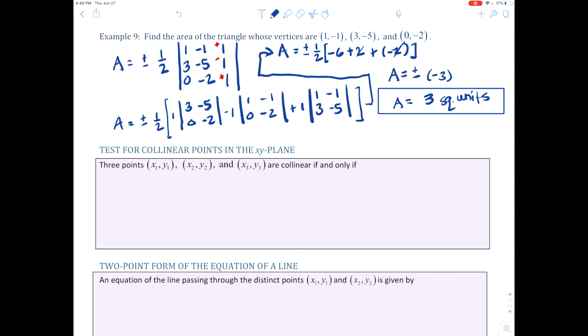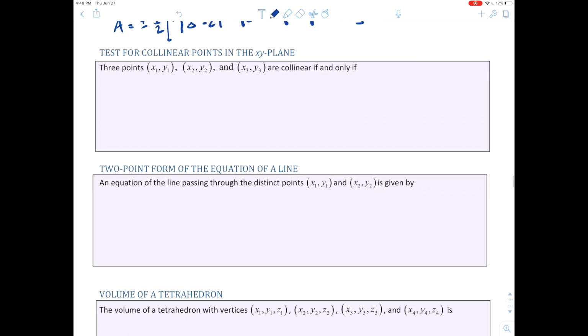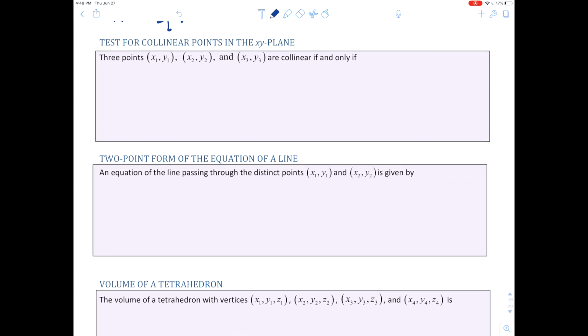Cool, cool? All right, so the next groovy formula here, test for collinear points in the xy plane.